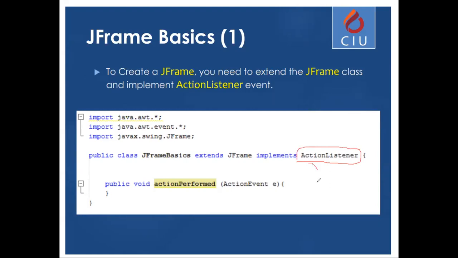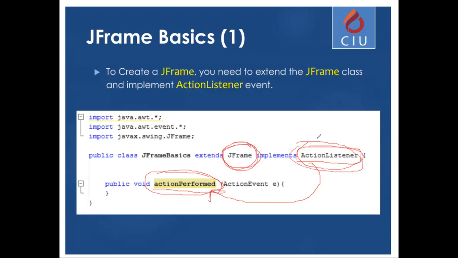And having done so, once you have adopted the ActionListener, you need to have actionPerformed automatically. If you don't type this, then it will not recognize the interface. So this is your interface, and this is your class. This is the class that I'm extending. This is the interface that I'm implementing. And this is my own class, the one that I created.